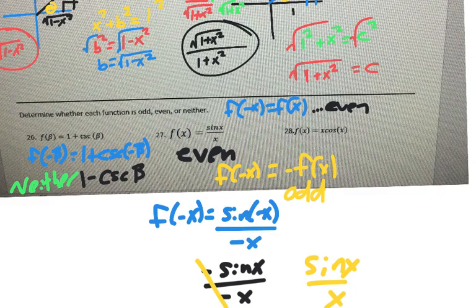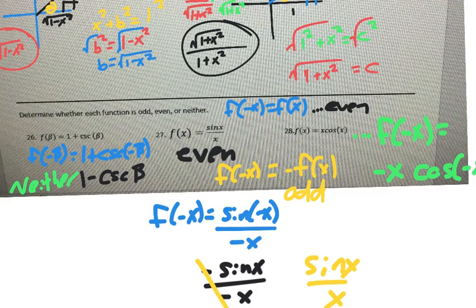And then the last one here. Same idea. Plug in a negative argument. If I plug in negative x, that's going to give me negative x times cosine of negative x. A negative in the argument of cosine gets dropped. I don't have the negative anymore.